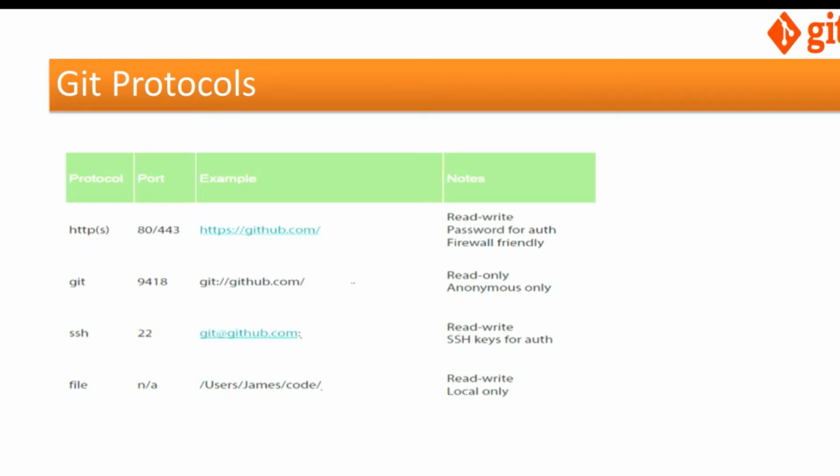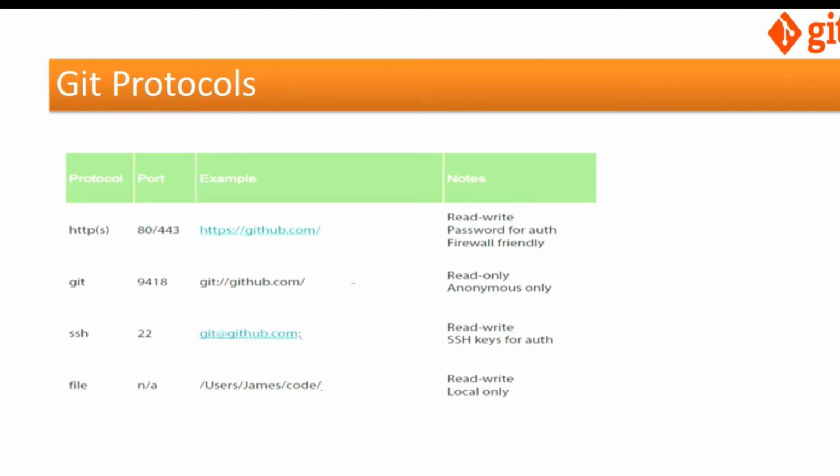There are operations we can do if you are using http or https, ports 80 and 443, and then you have to use a GitHub or Bitbucket URL. Read and write with password authentication, firewall friendly. If you are using the git protocol, then you have to use port 9418.